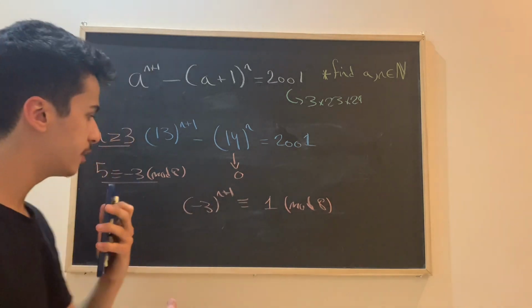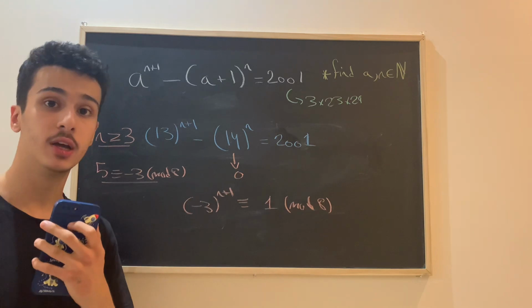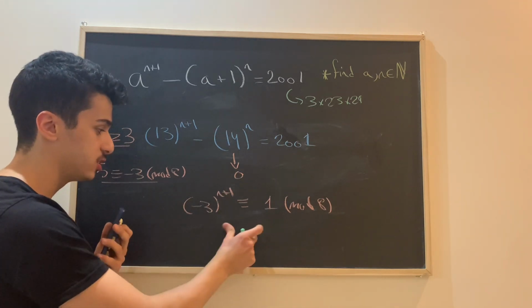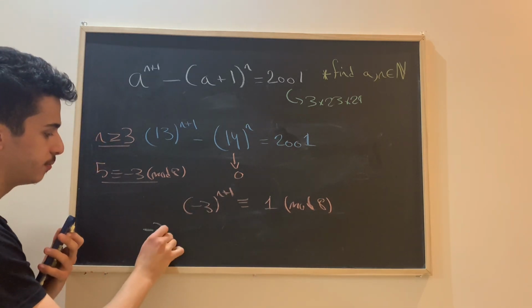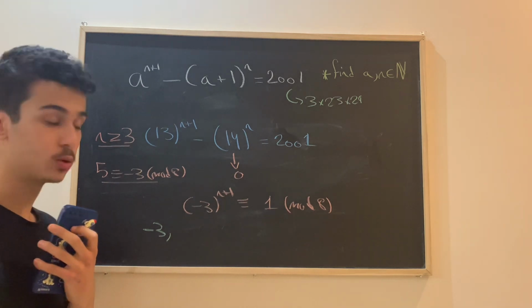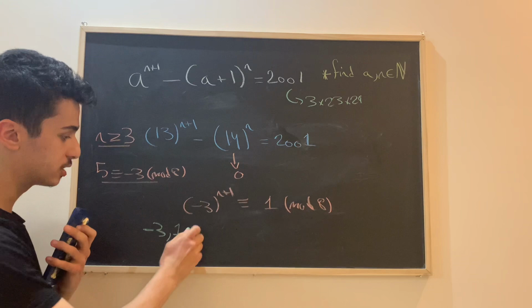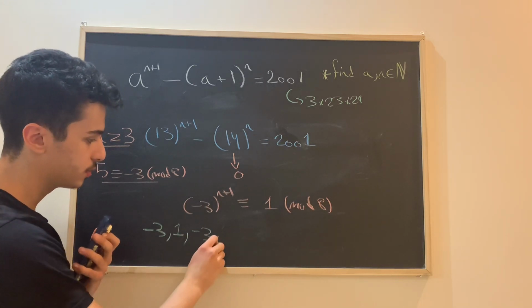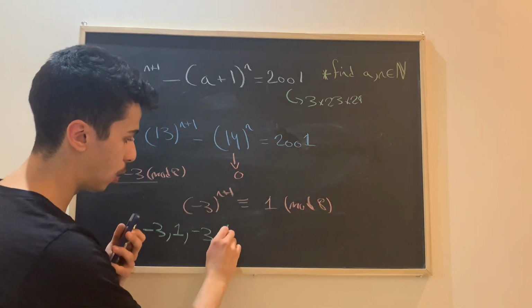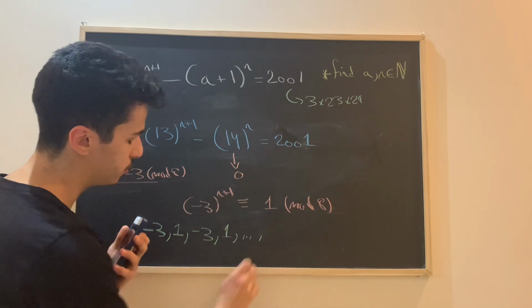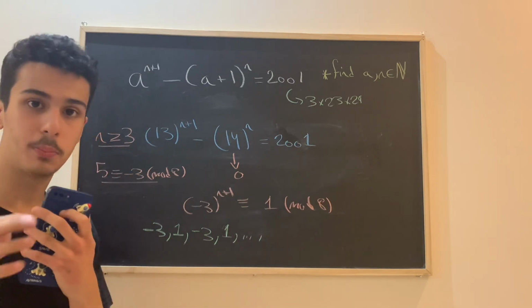Let's try to figure out a pattern for the powers of negative 3 mod 8. Taking negative 3 and squaring it, we get a 9, which is 1 modulus 8. Increasing the power, we'll get another negative 3. Increasing the power again, we'll get a 1, and so on. So we have a very simple pattern.